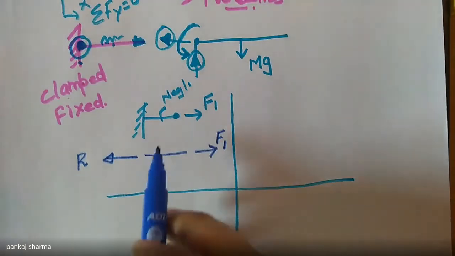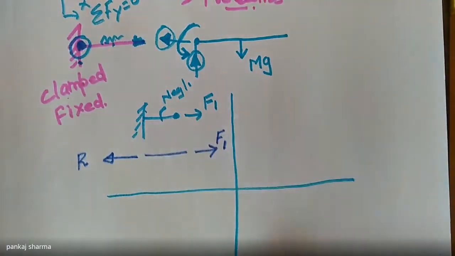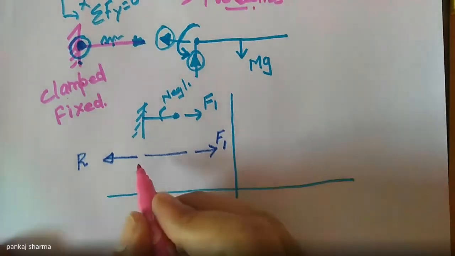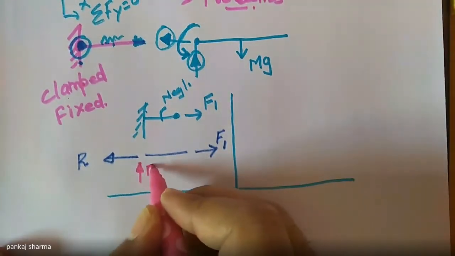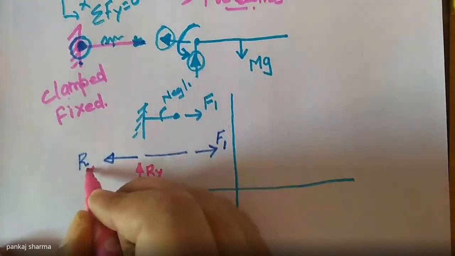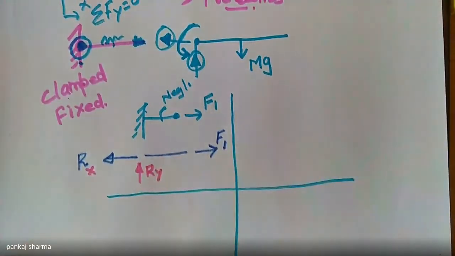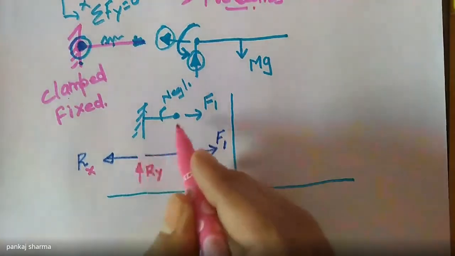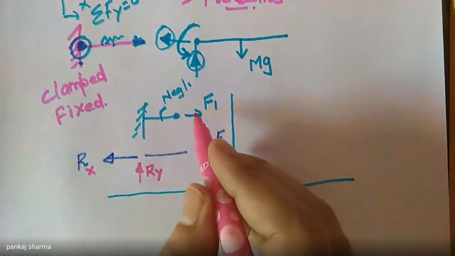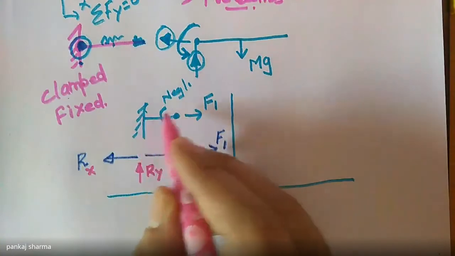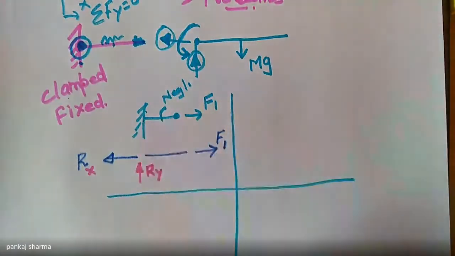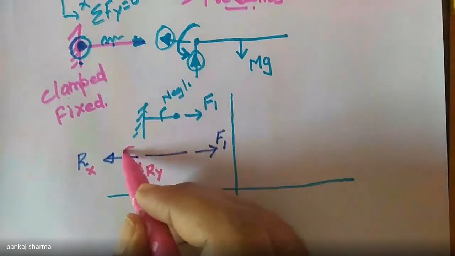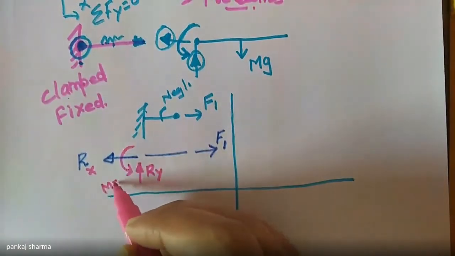And there is no vertical force, since the weight of the beam is negligible, so there is no vertical reaction, Ry, only Rx. No vertical force means the beam does not rotate, which means the moment reaction is 0.